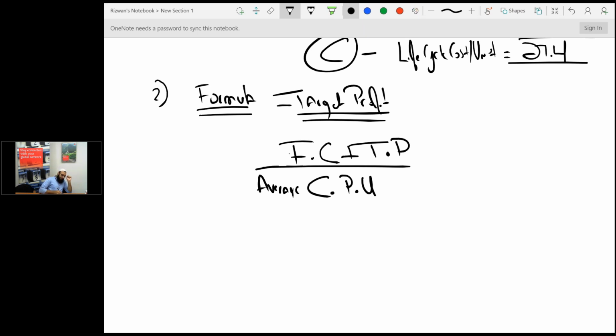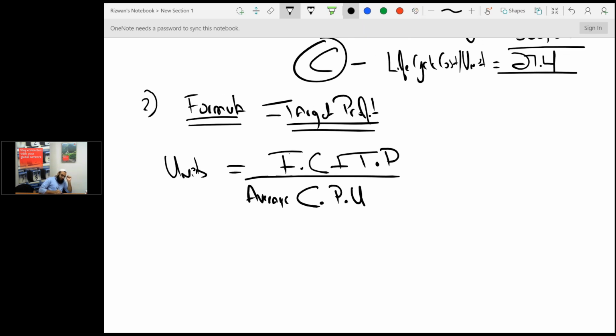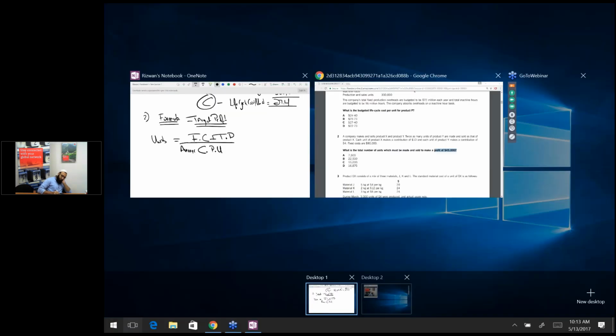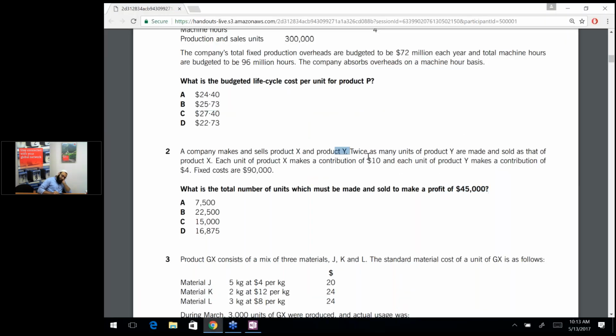So let's work it out here. The question says that the company sells X and Y. Twice as many units of product Y are made and sold as that of X. So actually, you sell one X and on the other hand, you sell 2Y.